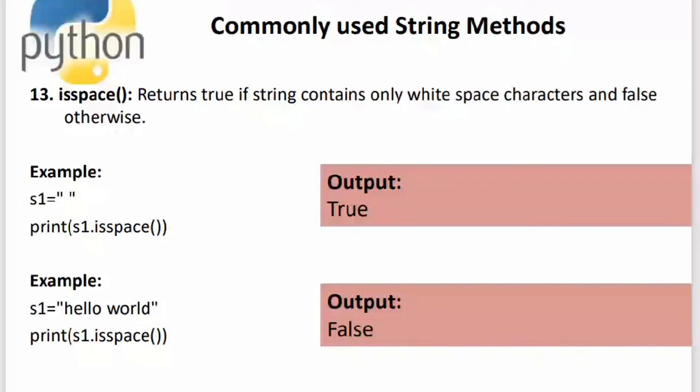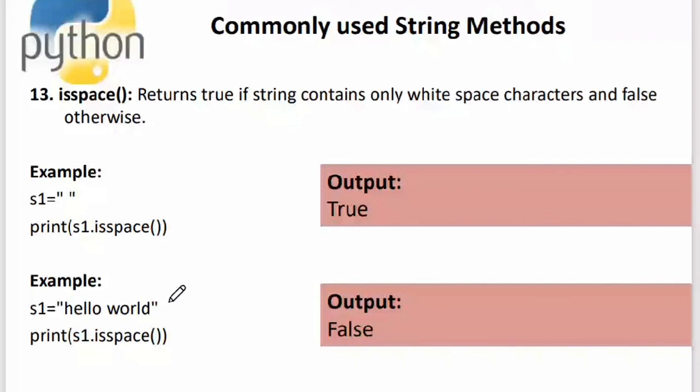In the next example, I said S1 is equal to the string hello, and then a space. Now what will be the output of this? Hello world is an alphabet.